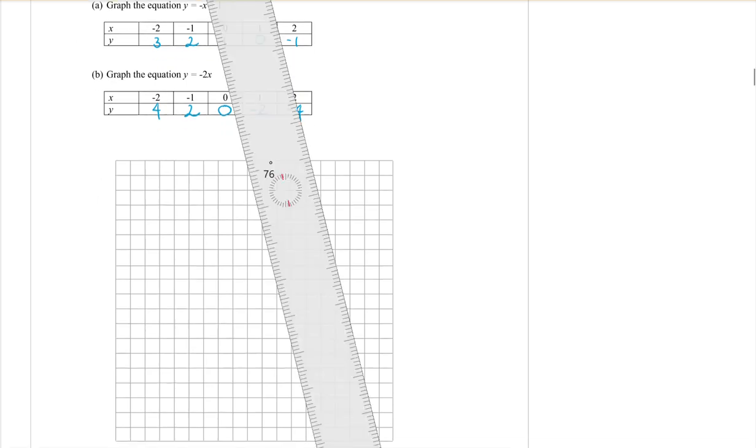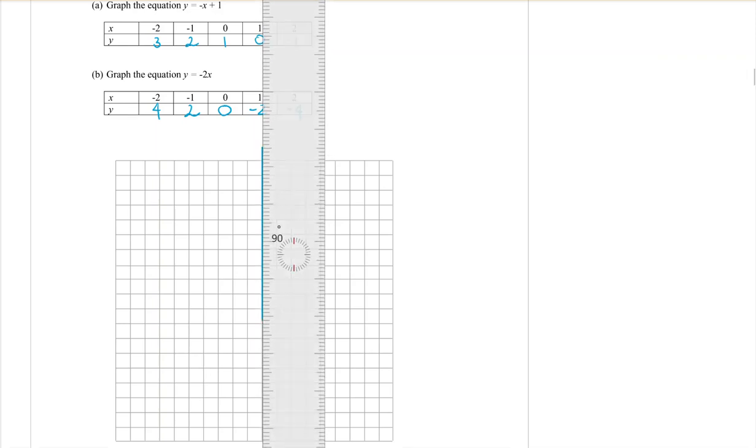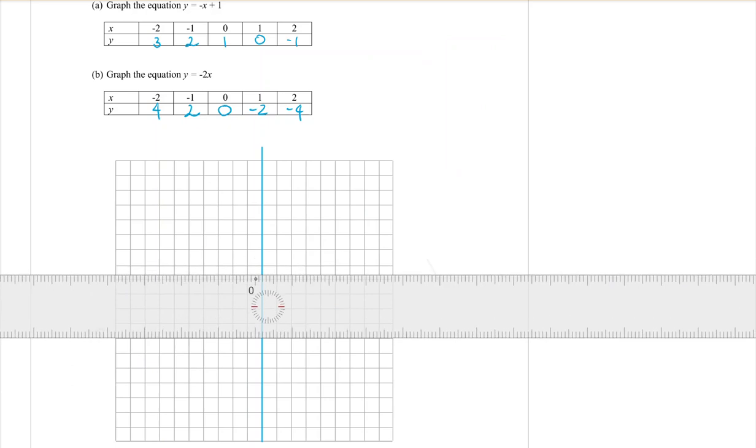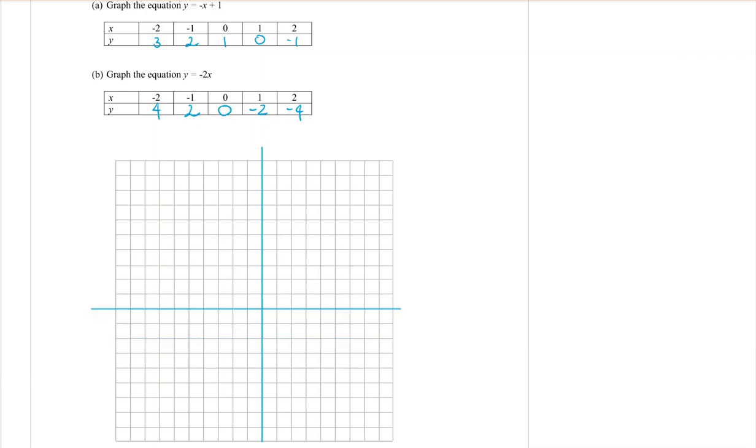Draw up your Cartesian plane. Vertical line, horizontal line, and numbers. Okay, label the x-axis and the y-axis.